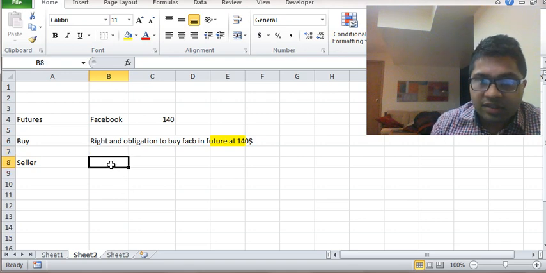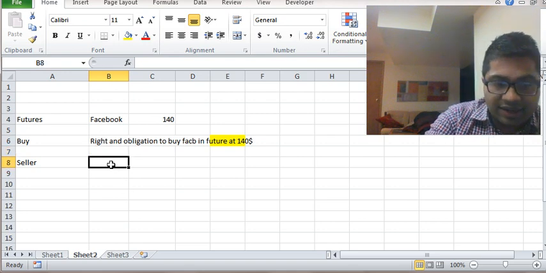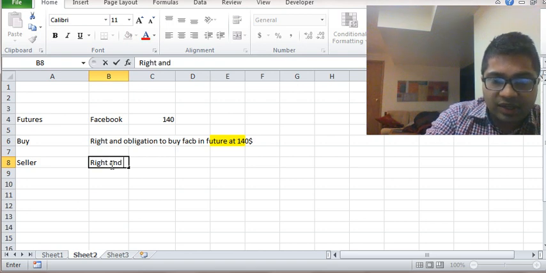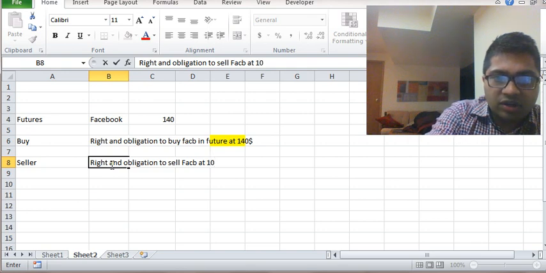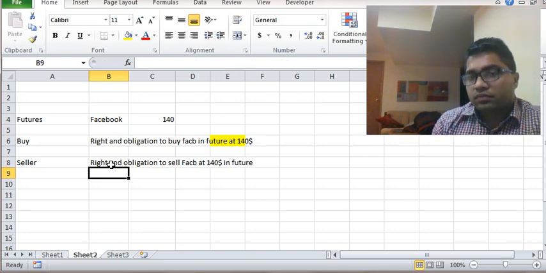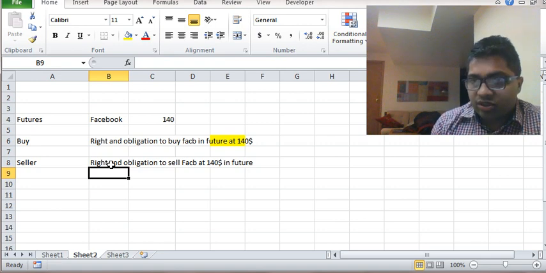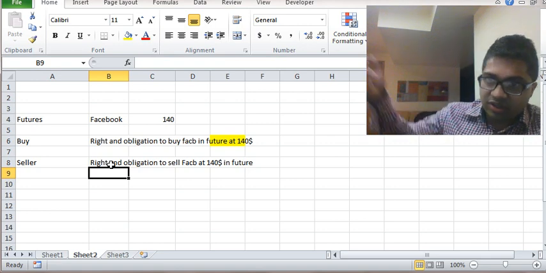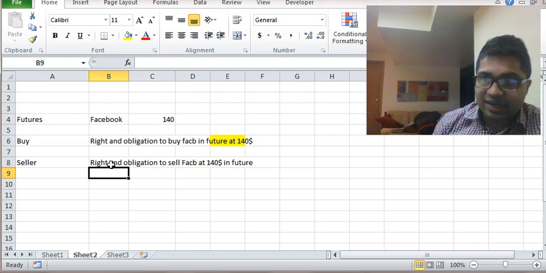The seller gets into a contract again, and he has the right and obligation to sell Facebook at $140 in future. So the buyer is getting into a contract to buy Facebook in future at a predetermined price. The seller is getting into a contract to sell Facebook in future at a predetermined price, right?